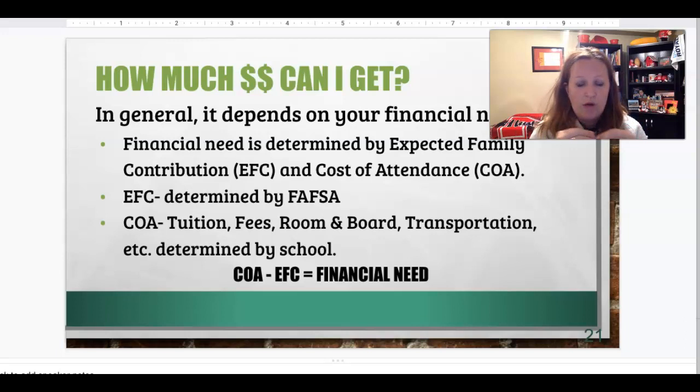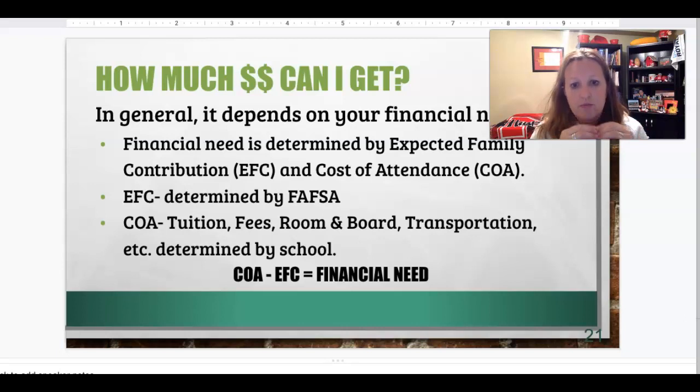Where I was looking previously on the degree stats webpage, every school has a COA, a cost of attendance. They say for you to go to this school and do whatever program, this is going to be your cost of attendance. So the formula is your cost of attendance minus your expected family contribution.